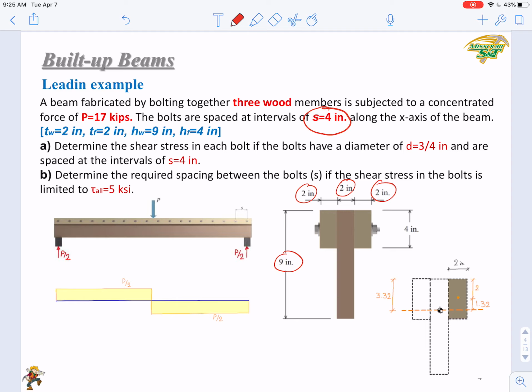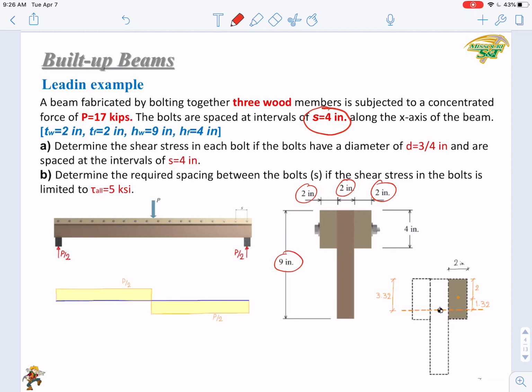Then we have 2 steps. Step A, determine the shear stress in each bolt if the bolts have diameters of d and are spaced at intervals of s equals 4 inch. Then step B will determine the required spacing between the bolts if the shear stress in the bolts is limited to 5 ksi.